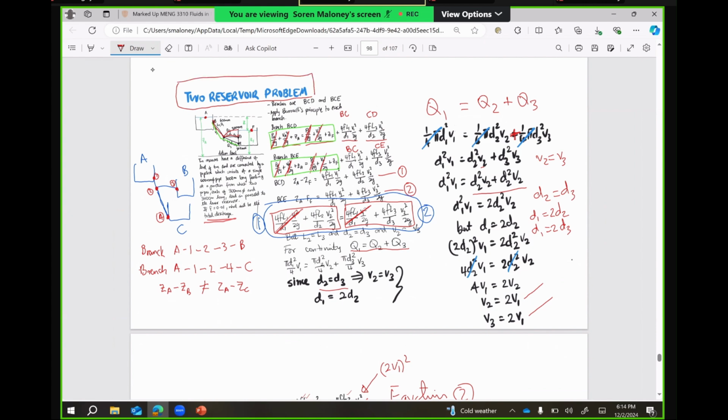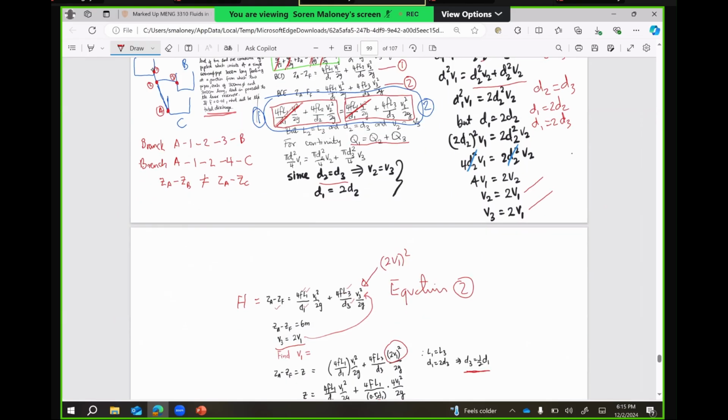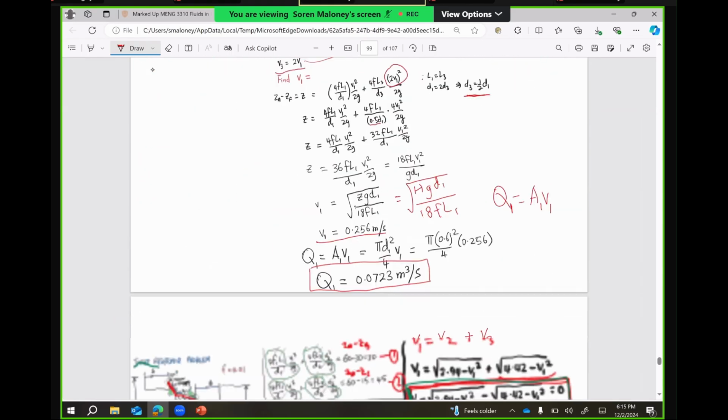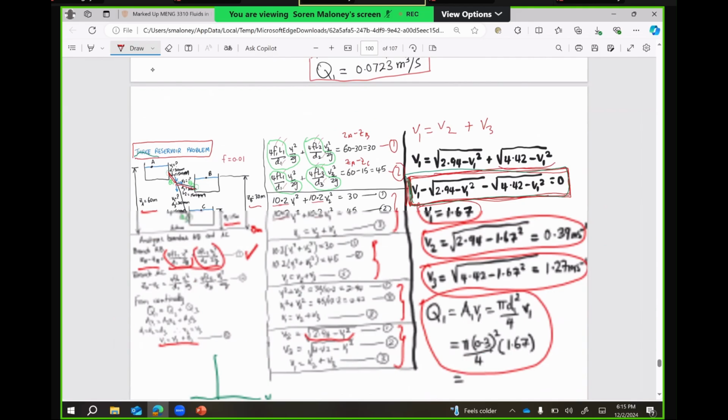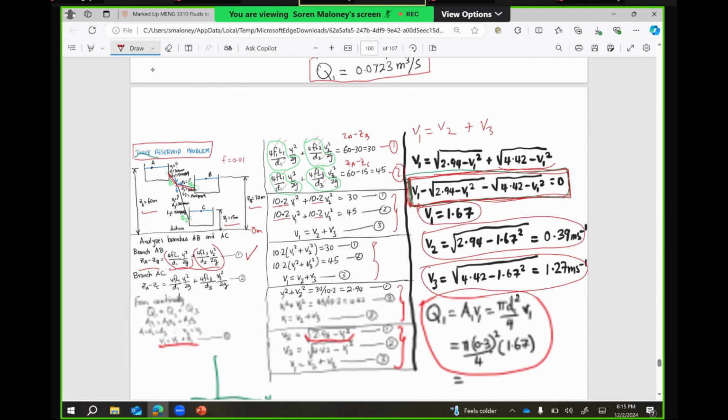Be ready for that, right? If you do see a 3 reservoir problem, I'm not going to ask you to solve for V2 and V3 and all of that. I don't think you could, though you can try, but it's going to be a bit tricky, right?